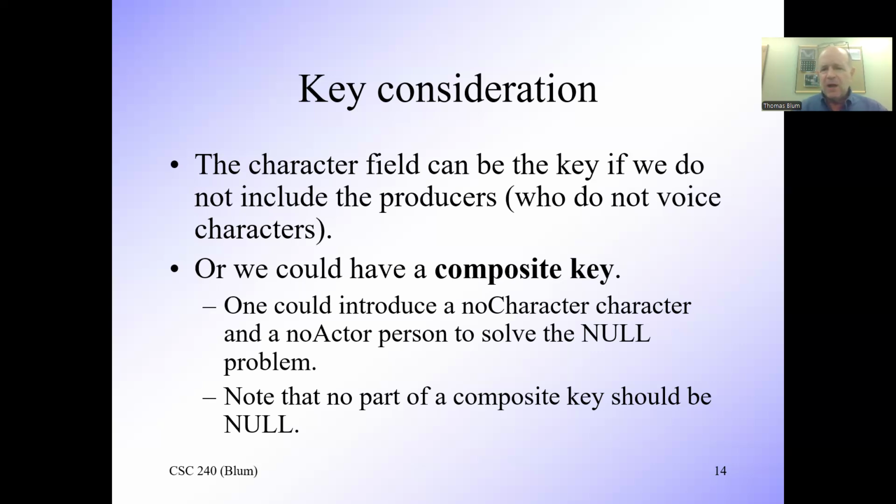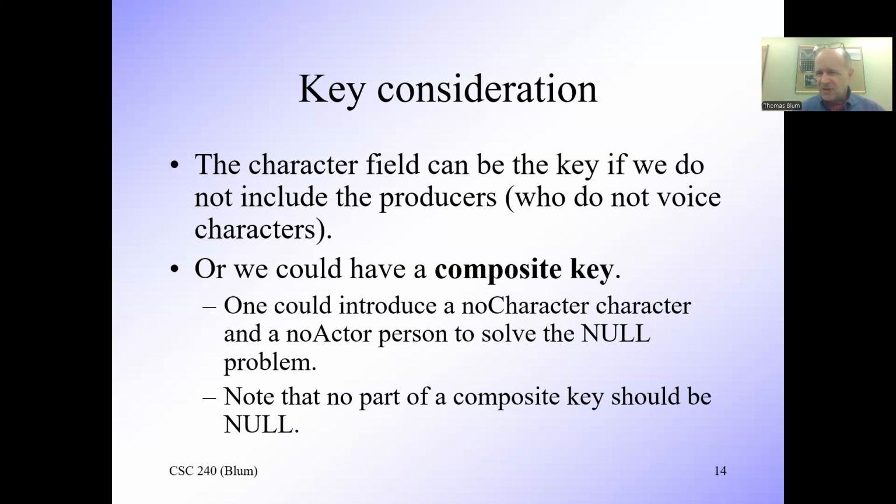Then there can be issues like we have this table that was talking about people voicing characters, but then there may also be people who don't voice a character, like the producers of the show, or there might be a character who really doesn't speak and so isn't voiced.